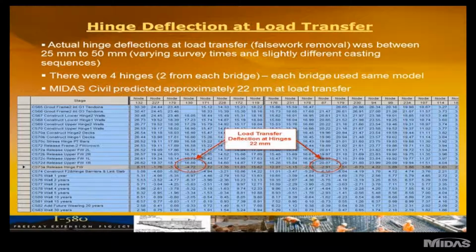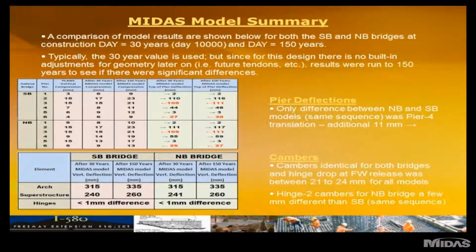So for summary, let's look at what I wanted to do with the Midas Civil model. Typically we run a time-dependent model to 30 years or 10,000 days. What I did was I ran it about 150 years, and the reason I did was because this particular bridge had no built-in adjustments for geometry after it was completed. There were no future tendons.